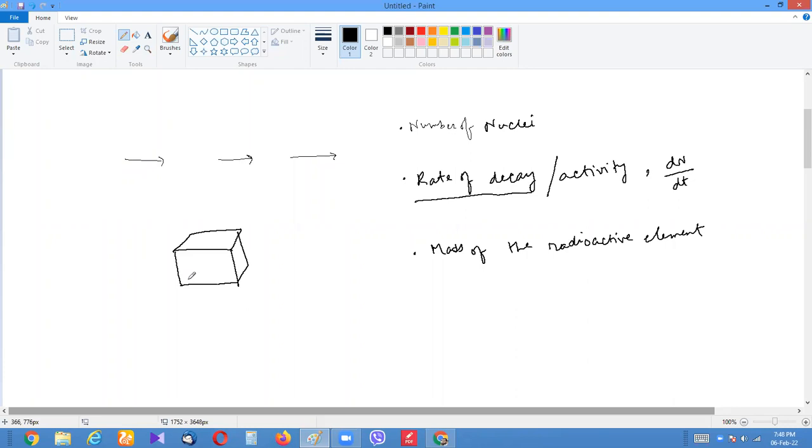So let's say over here we have element X, which is supposed to convert into Y, and the half-life is 10 hours.